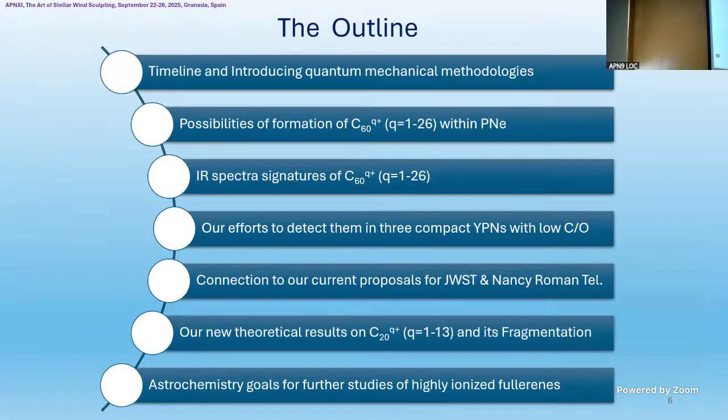So I give a quick introduction on the methodology that we have used: the possibility of formation of C60 with abnormally high ionized charge, and our efforts to detect such cations, and the connection to our proposals, which we participated in for cycle 3, cycle 4, and are going to participate in for cycle 5 as well.